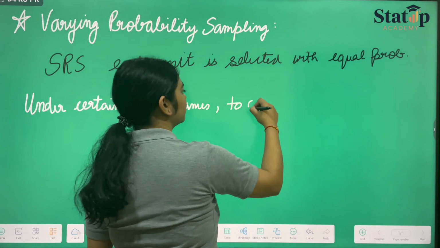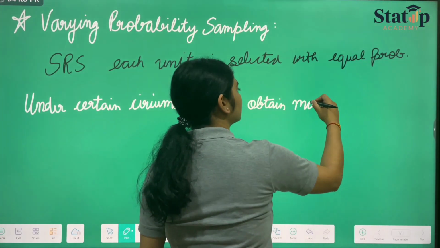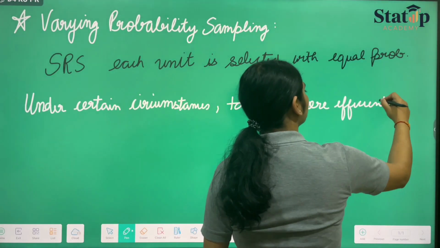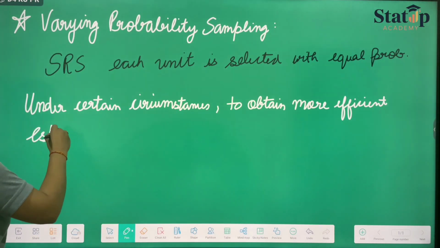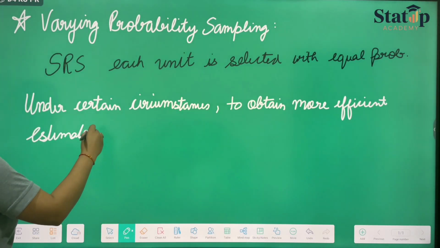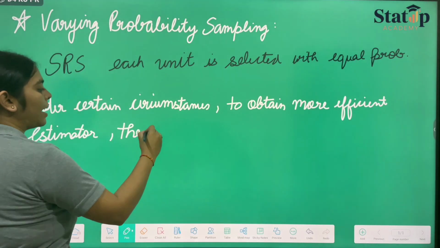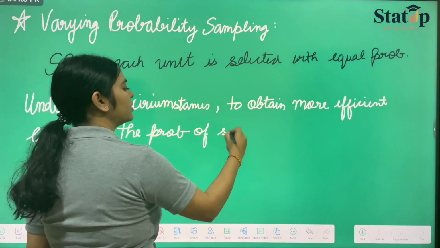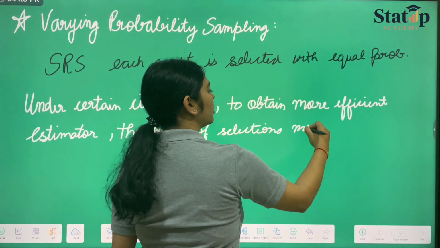to obtain a more efficient estimator, the probability of selection of units may differ.